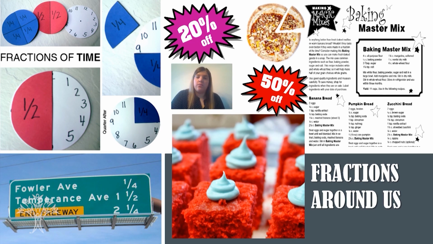So when we are on the freeway, you might see a sign similar to the one in the lower corner where it has the miles and it's saying 1/4 mile until Flower Avenue, or 1.5 miles until Temperance Avenue, or 2 1/4 miles until the end of the freeway is there. So it's important that we understand what a fraction is, how we read and talk about fractions, and how we identify fractions, because they're around us in our everyday life.